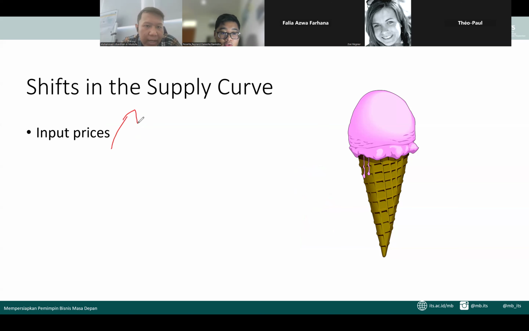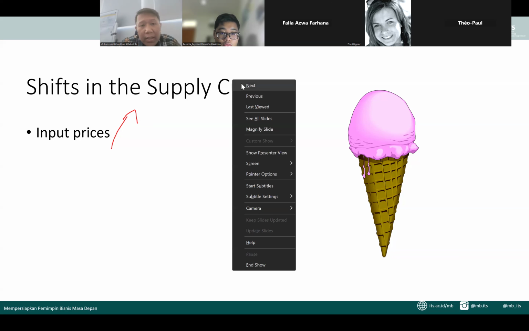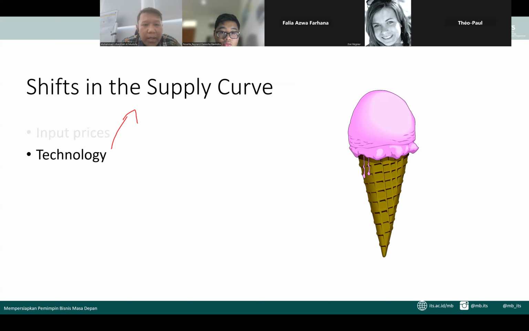When input price increases, it will make the production cost increase, and it will make the price increase. And when we have an increase in price, it will also increase the supply, because the higher the price, the higher the supply. Technology: the better the technology, the more we can supply.